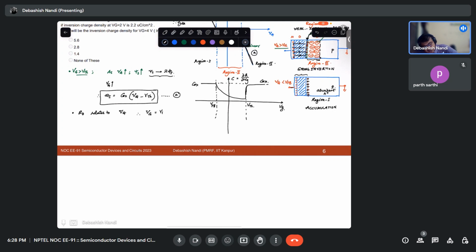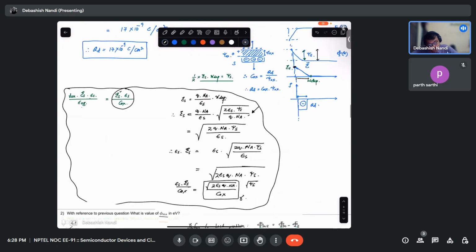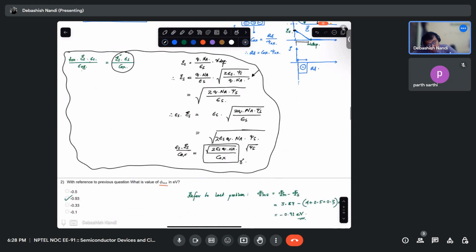If your Vg equals VAB plus psi s plus psi ox, right? So what will be your Vg? Vg is nothing but VAB plus, what is your psi s and Qd relation? This we have done earlier, right? Somewhere here.